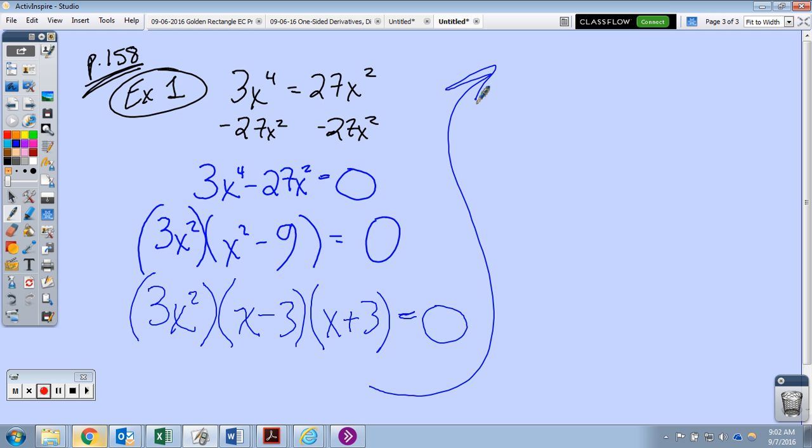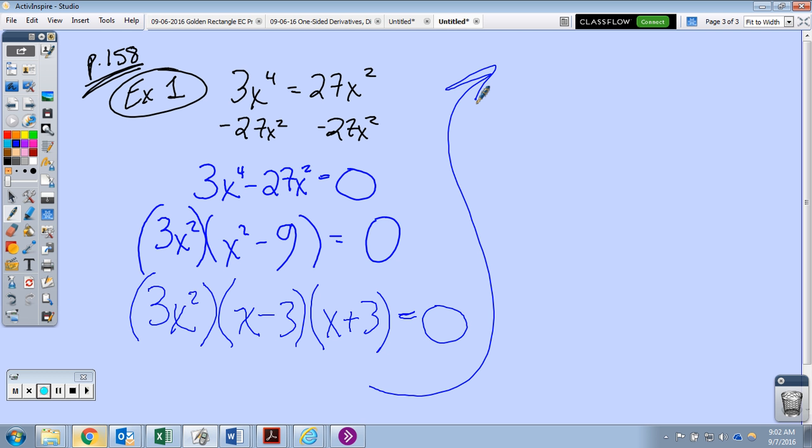Factoring is important because it can change something that's simply a sum or difference and make it into a product. Notice now we have a product, this times this, as opposed to up here where we just had some term minus some term. And because it's equal to 0, 3x squared, like you're saying, could be 0.